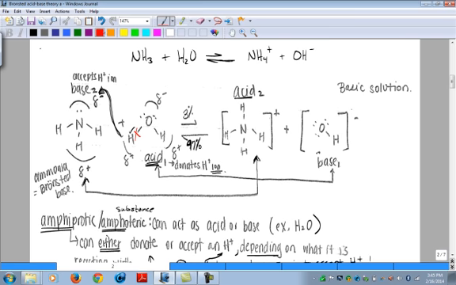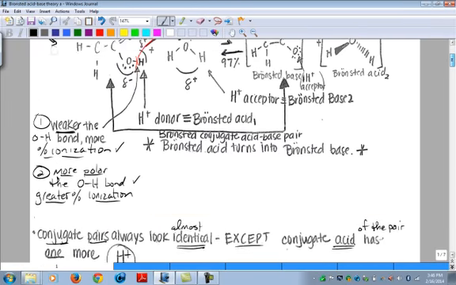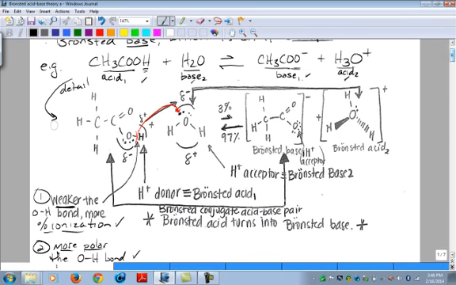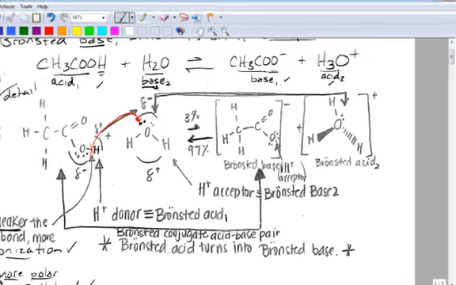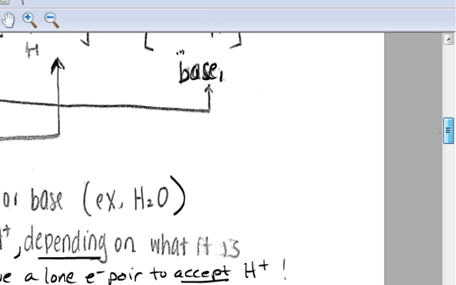So hydroxide is the result of water donating an H+, making hydroxide the conjugate base of water, which in this reaction acts as an acid. So in this case water acted as an acid, whereas with ethanoic acid water acted as the base. So it really depends on what water is reacting with.